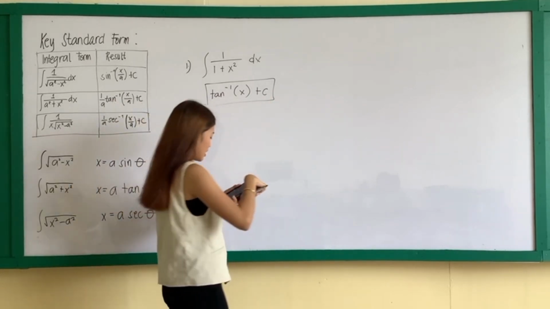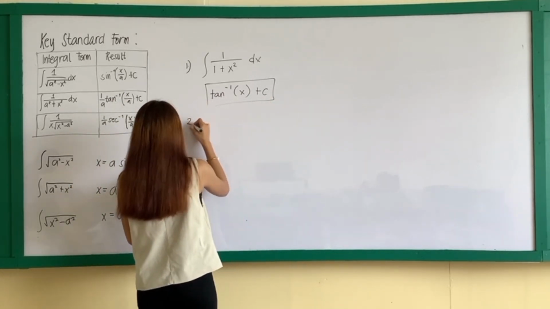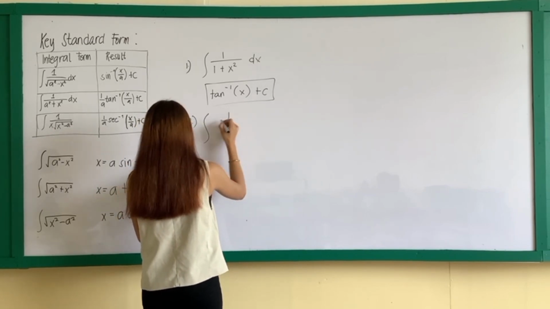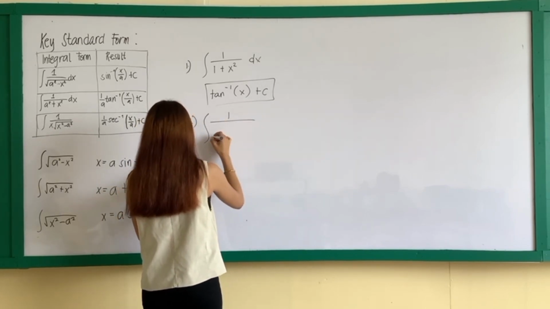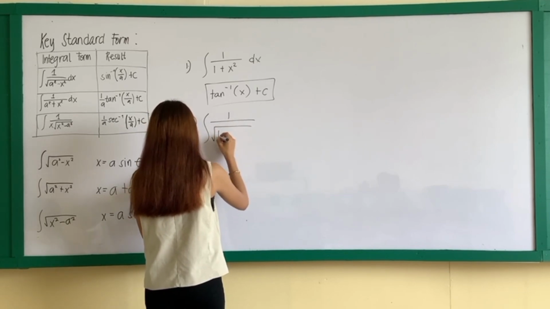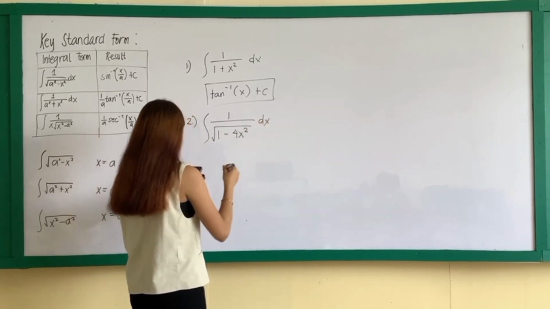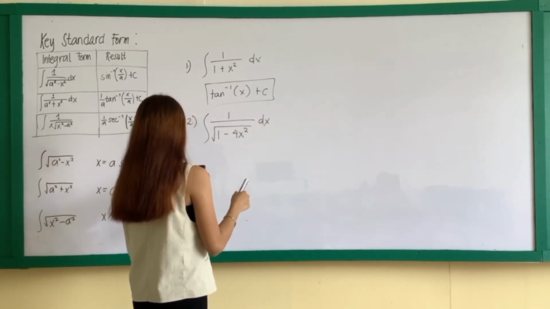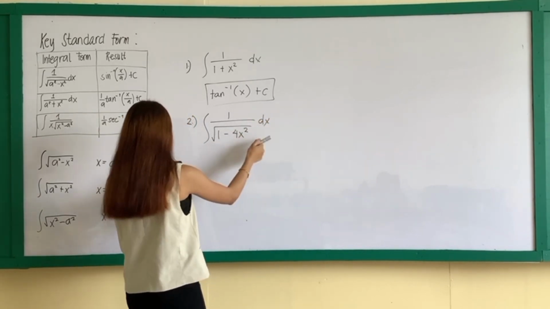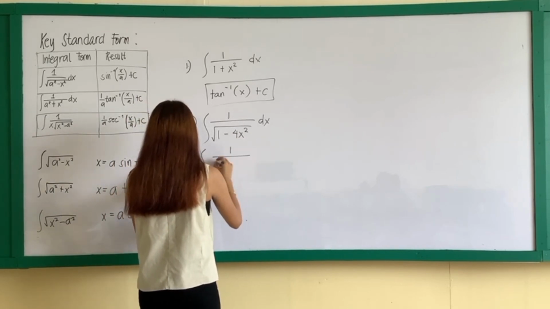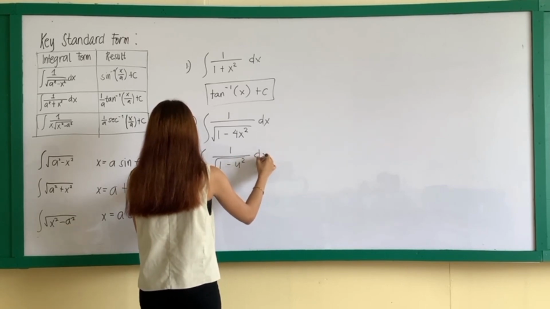And our second problem is the integral of 1 over the square root of 1 minus 4x squared dx. So we want to match this form to the integral of 1 over the square root of 1 minus u squared du.